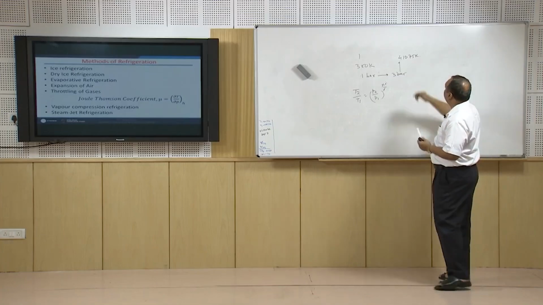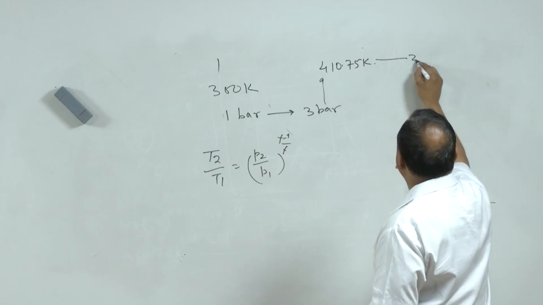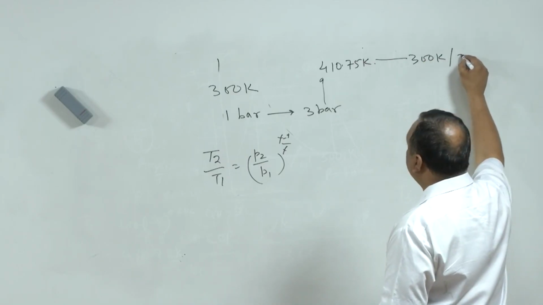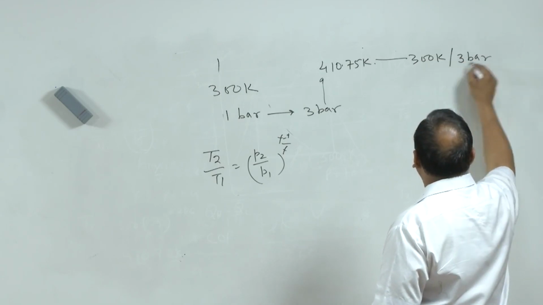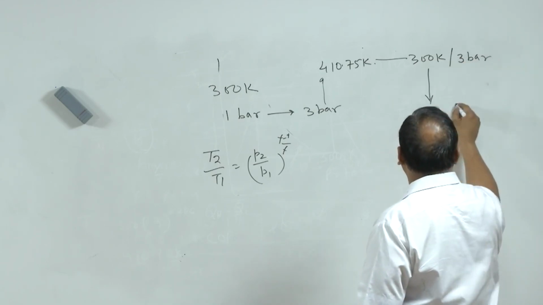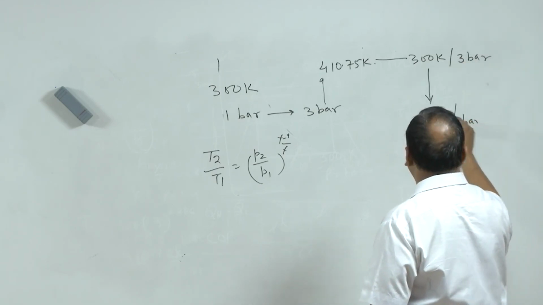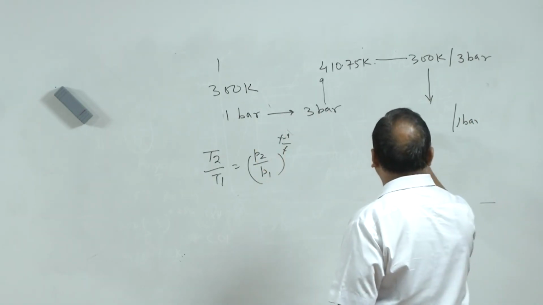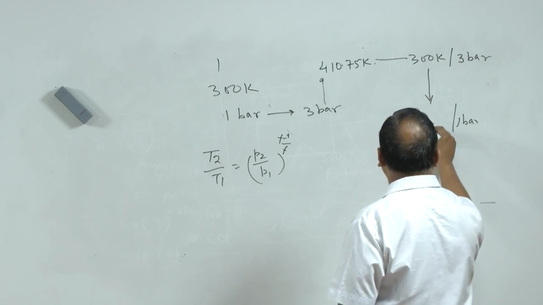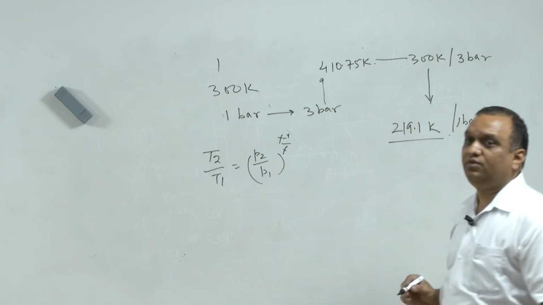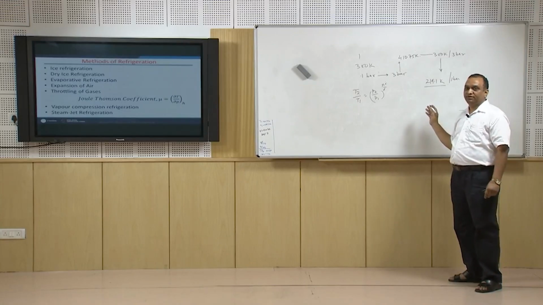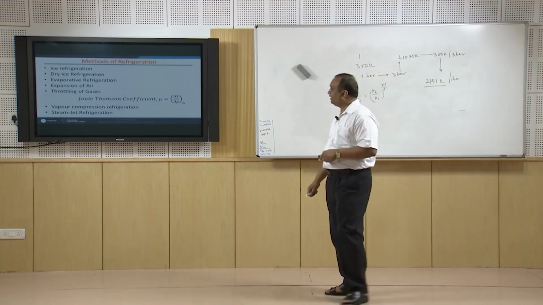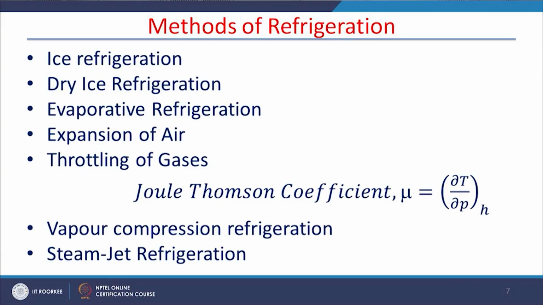Now, if we cool this air again to 300 Kelvin at 3 bar pressure and expand it to 1 bar, the temperature will be reduced to 219.1 Kelvin. 219.1 Kelvin is a very low temperature. So this is how we can get low temperature by expansion of air, by throttling of gases.